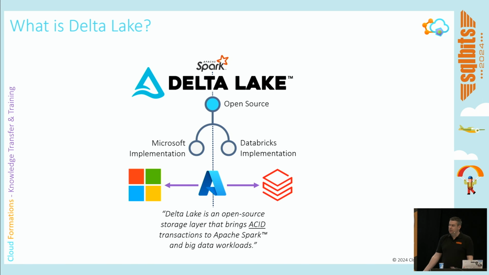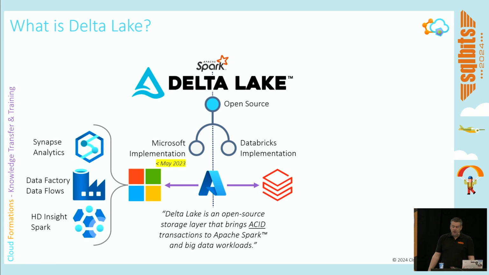We could also use some Microsoft implementations of it. And very deliberately here, we're talking, of course, prior to May of 2023. We could do this using Synapse Analytics. We could do it using Data Factory data flows, which was using Spark underneath. And we could, if we wanted, have done it with HD Insight. Sure.